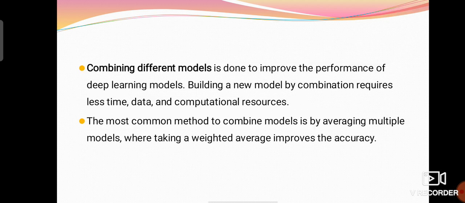So combining different models is done to improve the performance of deep learning models. Building a new model by combination requires less time, data and computational resources. The most common method to combine the models is by averaging the multiple models, where taking a weighted average improves the accuracy level.